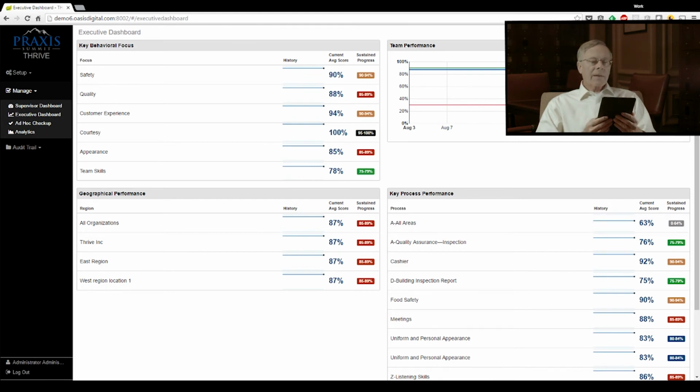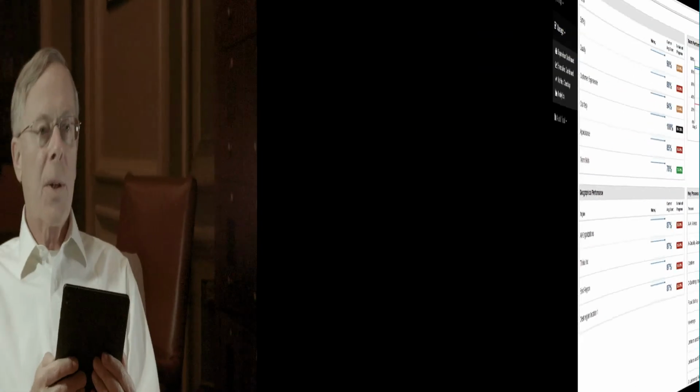An important feature throughout the software, whether behavioral progress or individuals, is something called spark lines. And we have spark lines all the way down to a behavioral level. So we can look at an employee, we can look at a process, we can look at an employee in terms of their process level of history, their step level, their behavior level.